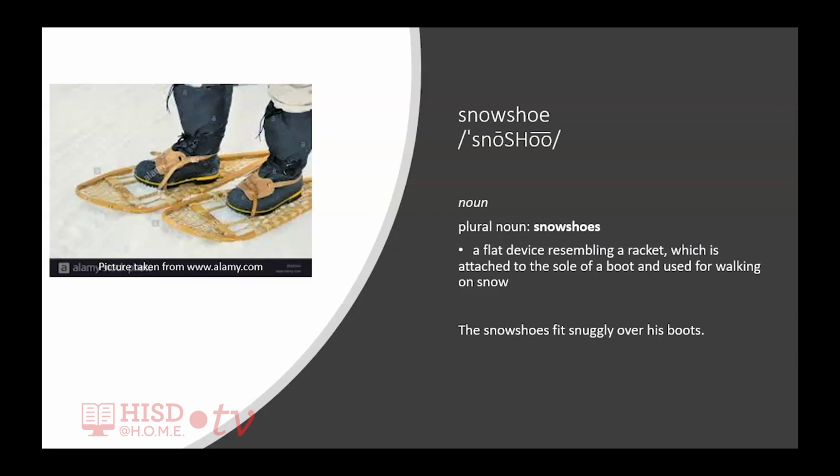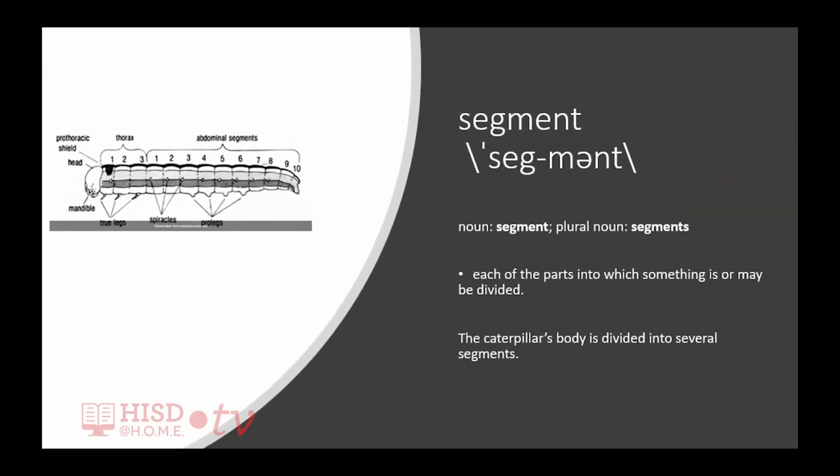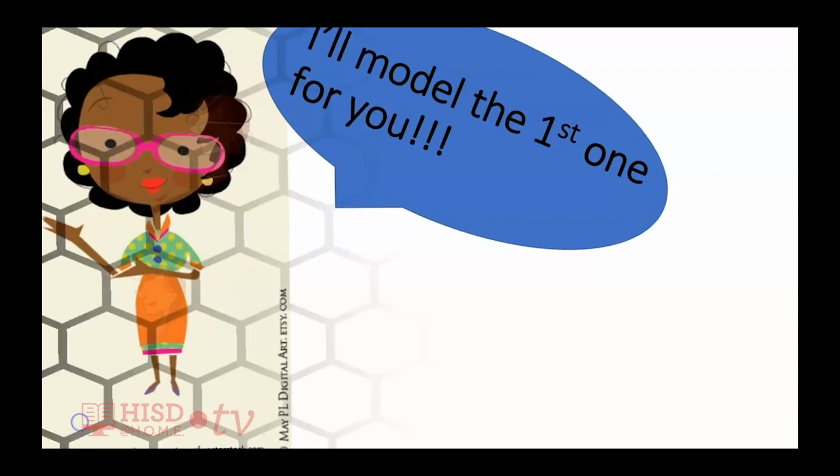The snowshoes fit snugly over his boots. And the word segment. Segment is a noun that means each of the parts in which something is or may be divided. The caterpillar's body is divided into several segments. So I'll model the first one for you.